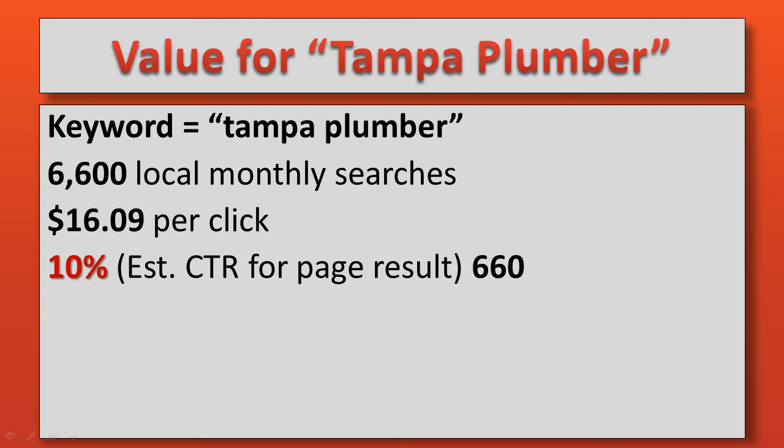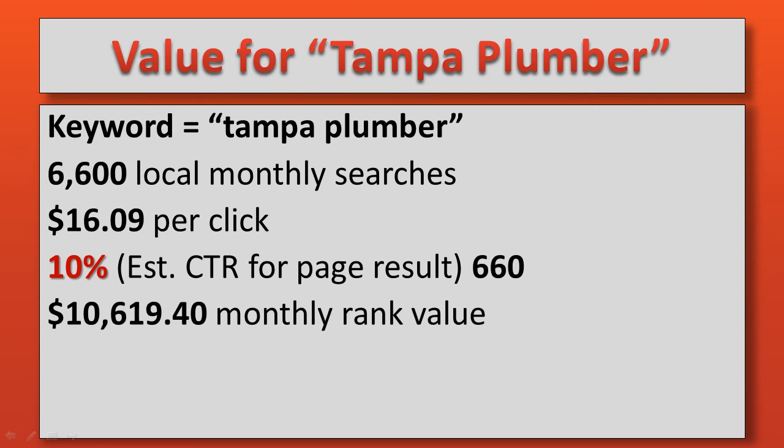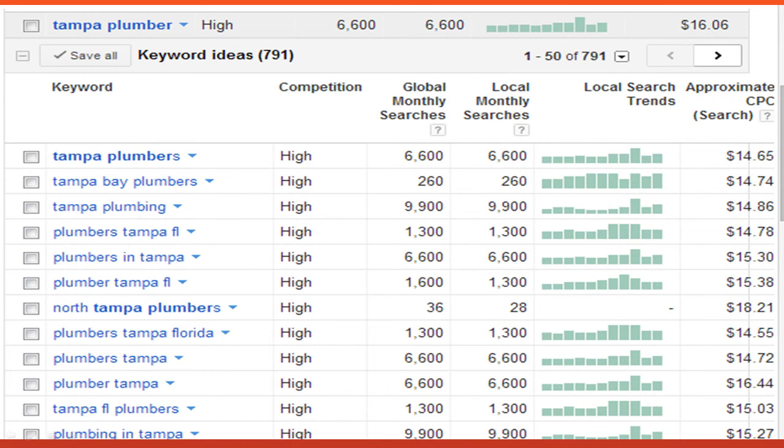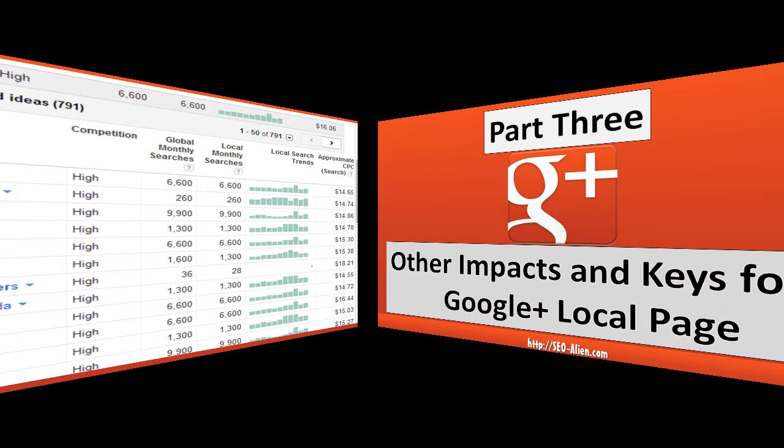That's 660 clicks a month, but that's $10,619 for the value of that ad, or the value of your Google Plus local page. And again, that's only one key phrase. There's tons of key phrases for Tampa plumbers that you'd want to optimize yourself for, and you can do all this with a Google Plus page.